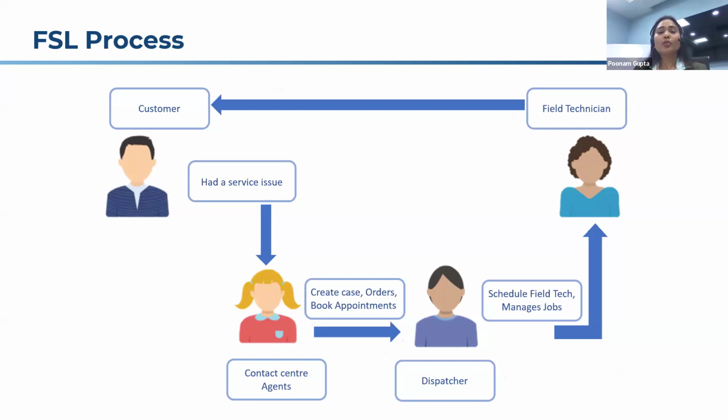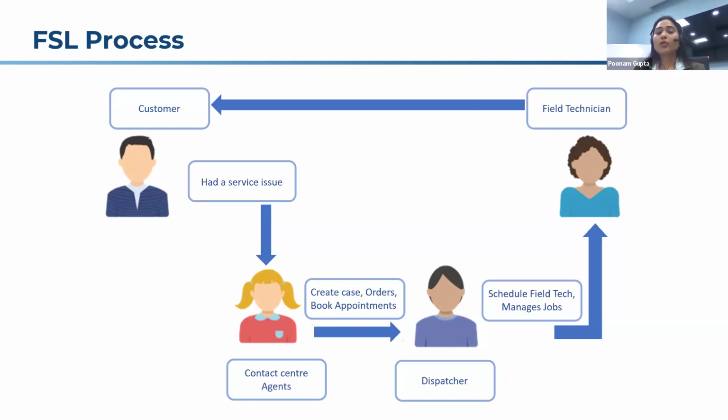That request goes to some organization, which may have people who can take the call and install the router. For that, we have to manage all things in one place. Also, we need some people. So the field service process helps in this way.